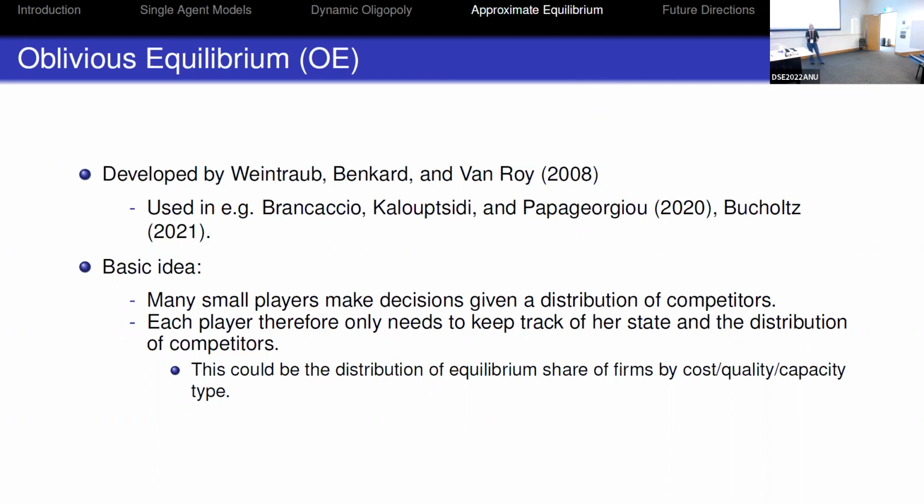And the nice thing there is that each player only needs to keep track of her own state and this distribution of competitors. So we can think of that as like, what are the investment levels out there in the world across firms? Just think about that distribution, the probability of firms being in each investment level, and I play against that given my investment level.